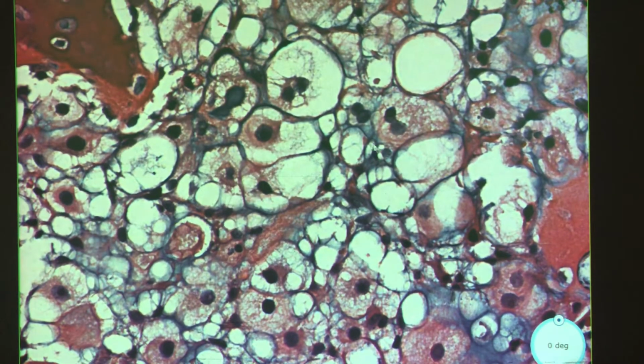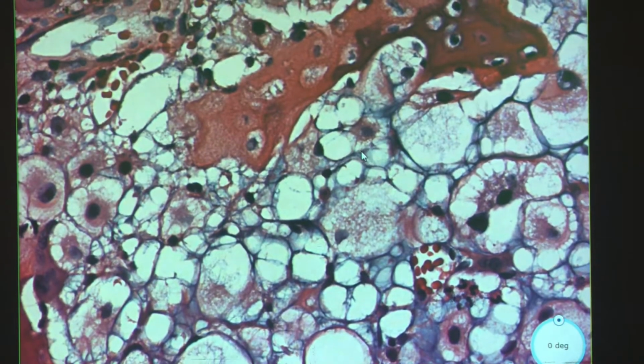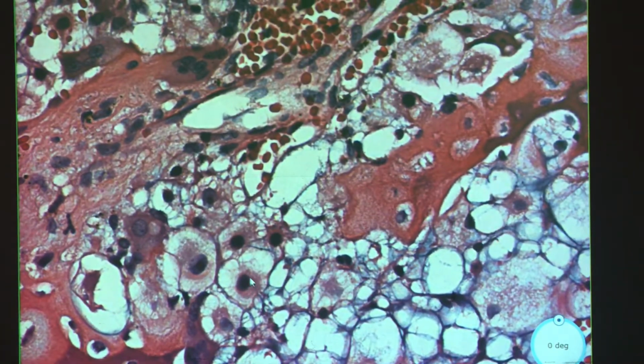We have huge nucleoli. Not sure if you can appreciate that, but almost the entire nucleus is one big nucleolus, and they almost have that cherry red appearance, which cherry red nucleoli is usually a signal for us to think about melanoma, but other cells can have cherry red nucleoli, so don't let that fool you. What else?